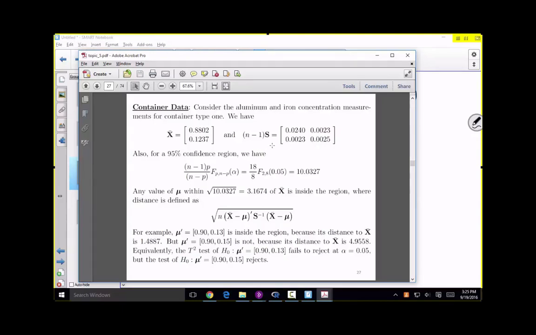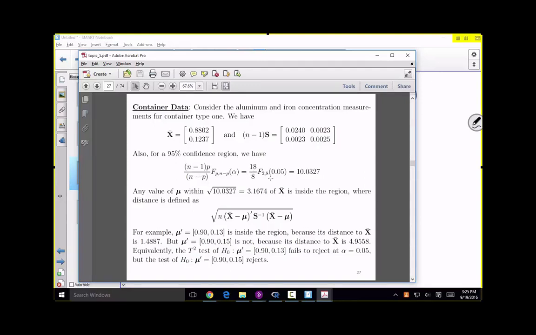And if we wanted a 95% confidence region for mu, the 2-dimensional mu, what we need is the appropriate percentile from this F distribution. So in the container data, if we do n minus 1 times p divided by n minus p, that ends up being 18 over 8.